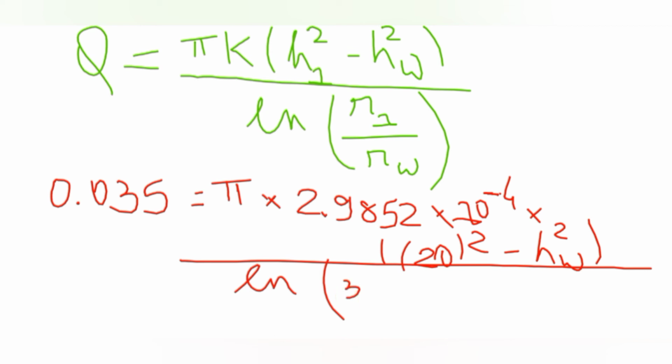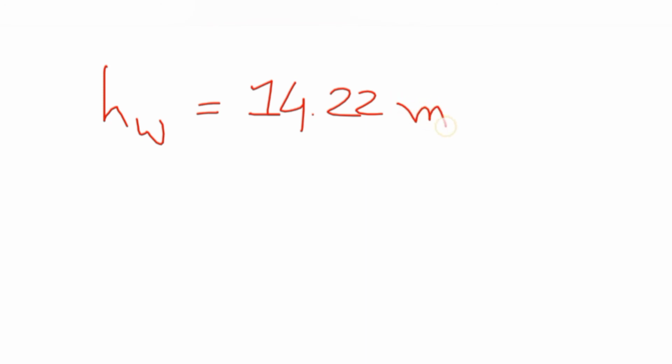R1 is 30 and we know that RW is 0.15. So on solving this equation, we'll get HW. HW is equal to 14.22 meter. See, HW is the depth of water in the well, which is measured above the impermeable strata.